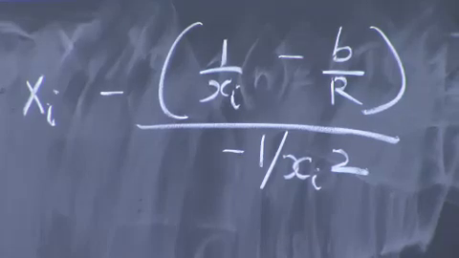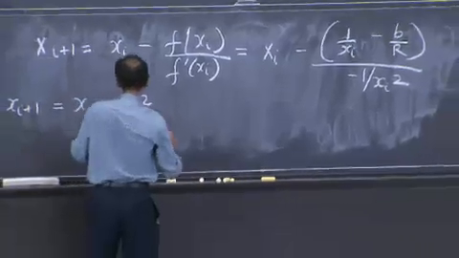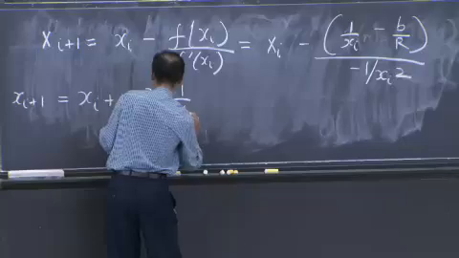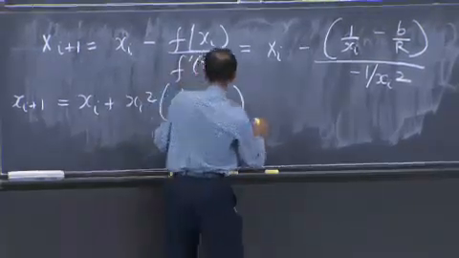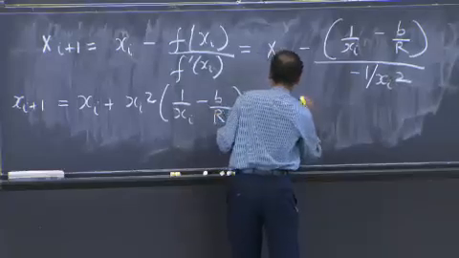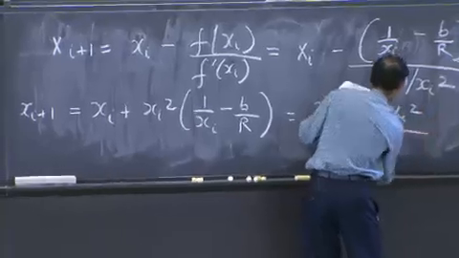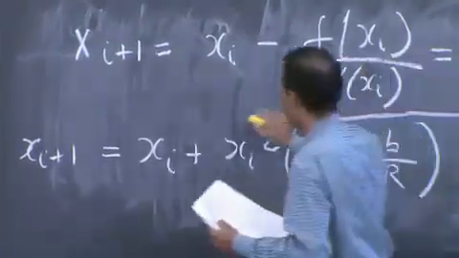And we have xi plus 1 equals xi plus xi square times 1 over xi minus b divided by r. And finally, I get 2xi minus bxi square divided by r. All right? That is key.